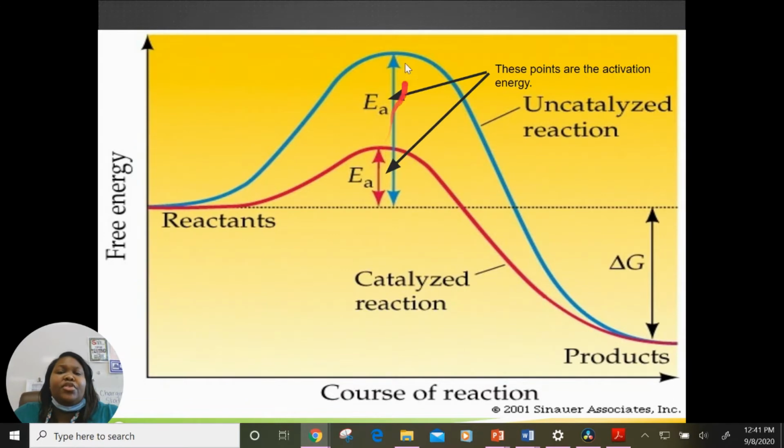And if you look, you can see that the uncatalyzed reaction, or the one without the enzyme or the catalyst, has a higher activation energy. It's all the way up here, than the reaction that has the enzyme or the catalyst. It has a lower activation energy. It's all the way down here. So this reaction with the lower activation energy can happen more easily. Therefore, it will happen faster.